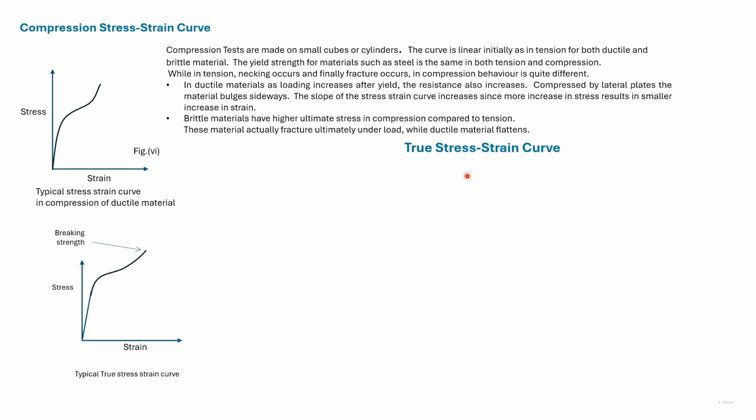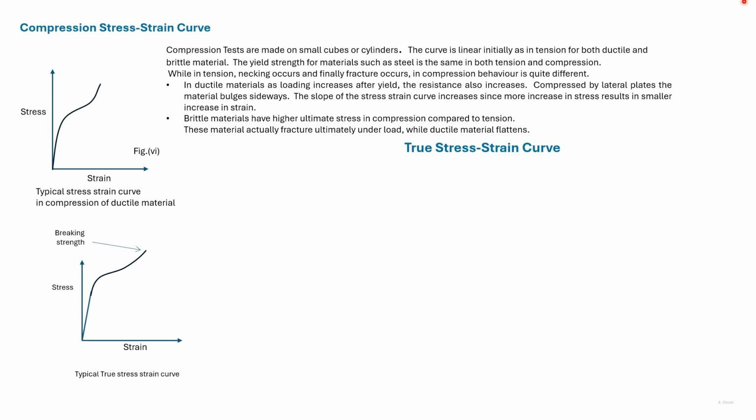In the true stress-strain curve, not only the variation of area is allowed for, the variation of strain is also allowed for. While in the engineering stress-strain curve, only the initial and the final length is used to find strain.